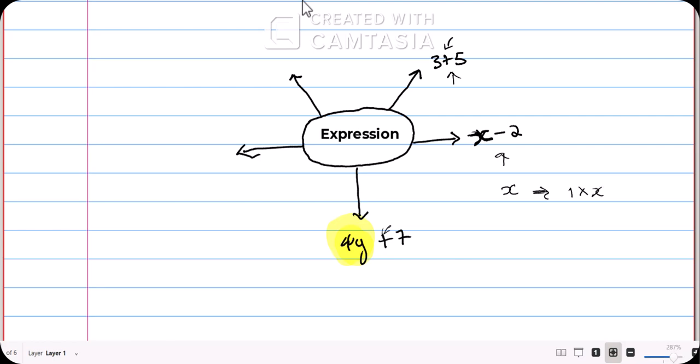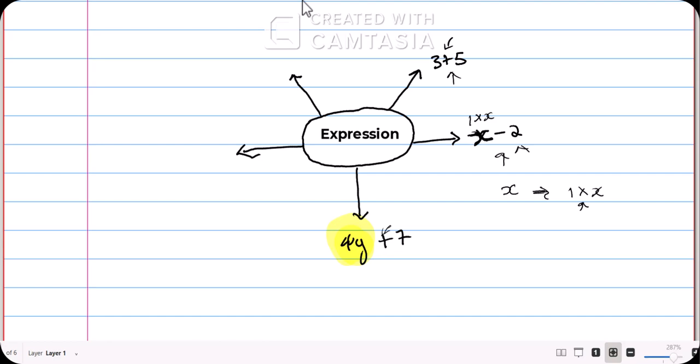So this multiplication is also in this expression. We have two operators, but one is not visible. Like we can say this is a single operator, which is a negative sign.